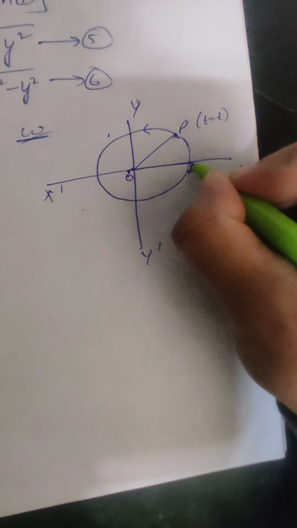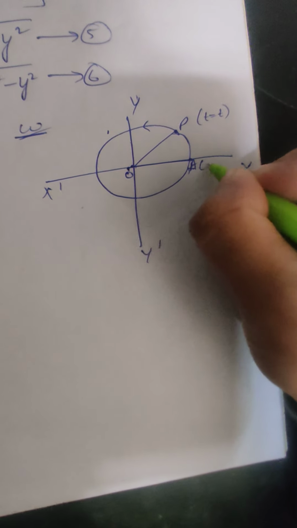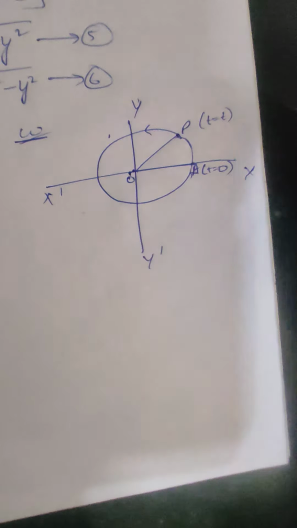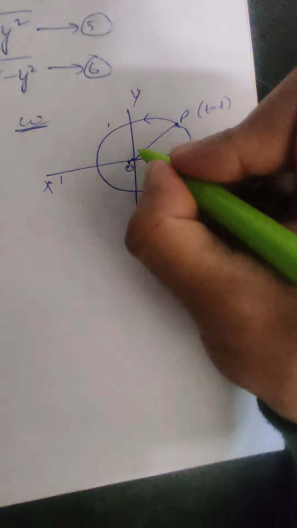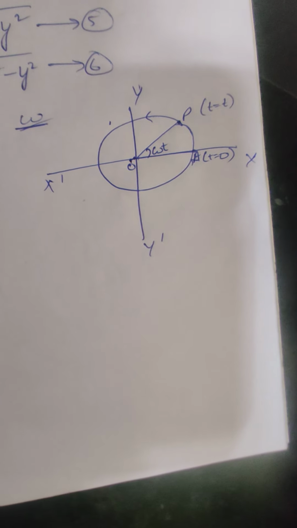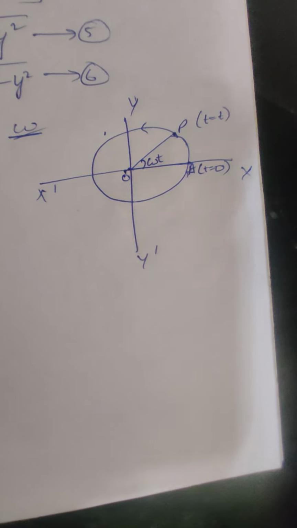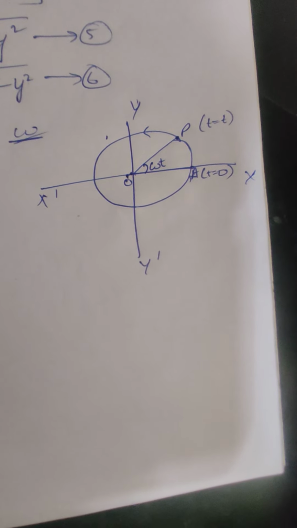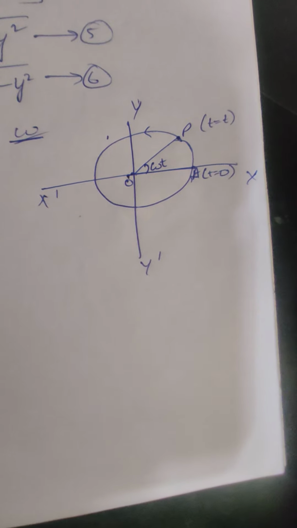Here it is at point A at time 0, and at time t the point is at P, and the angle made by the object at point P, again let it be omega t, and the acceleration can be resolved into two components again.